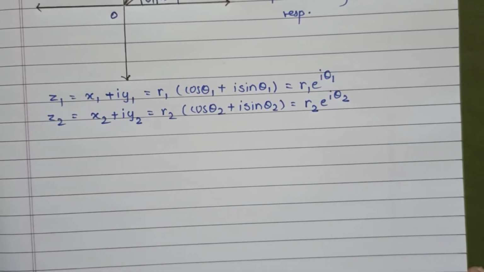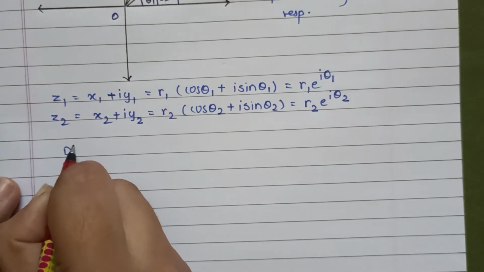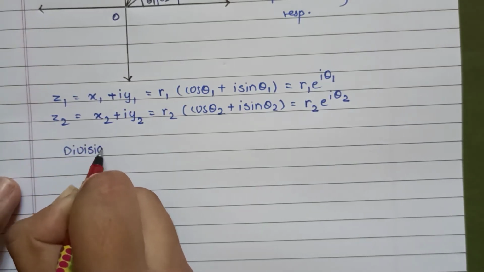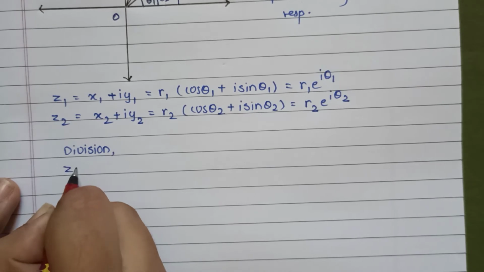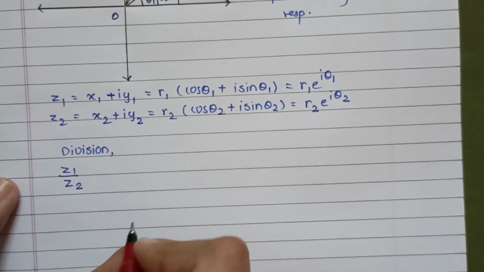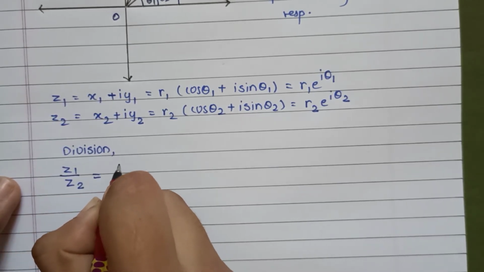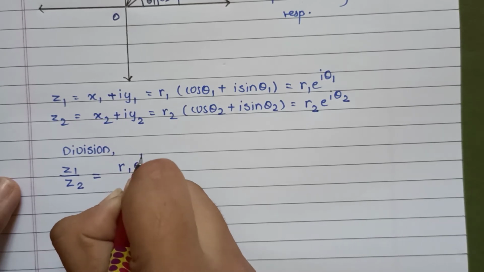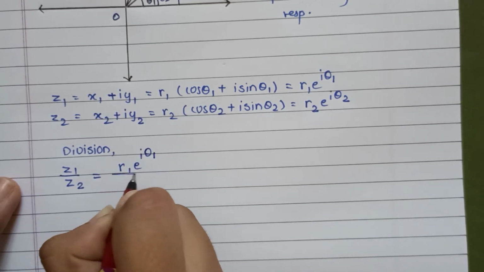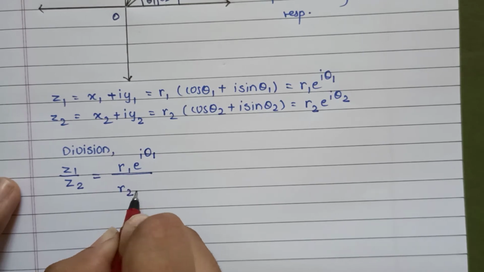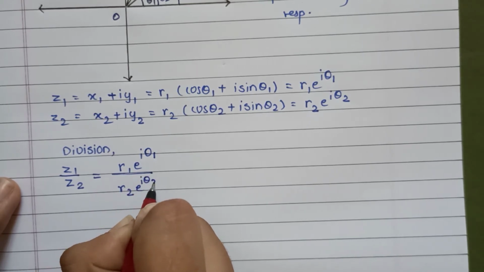For division of two complex numbers, Z1 upon Z2 is equal to r1 e raised to i theta 1 divided by r2 e raised to i theta 2.